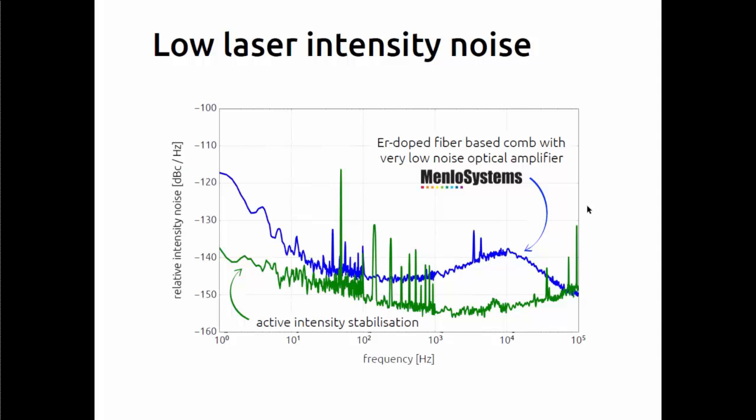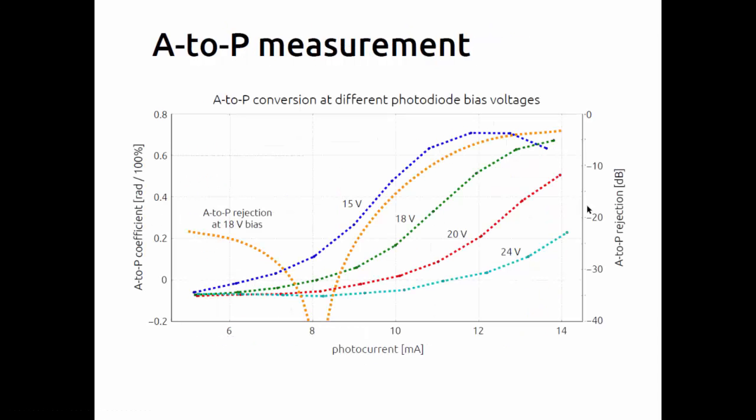We already have a very nice intensity noise figure here, due to the use of a very low noise optical amplifier that reduced the optical intensity noise from the comb. On top of that, we also implement an active intensity stabilization, simply monitoring the microwave output of the photodiode and putting some feedback in the system.